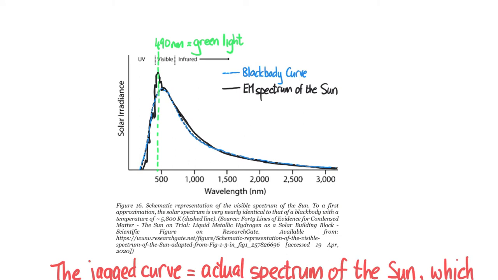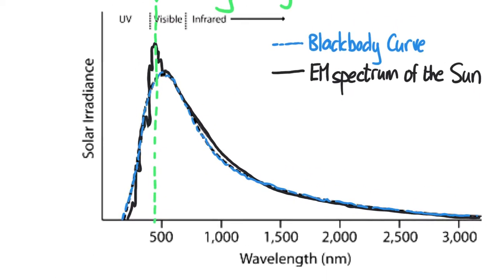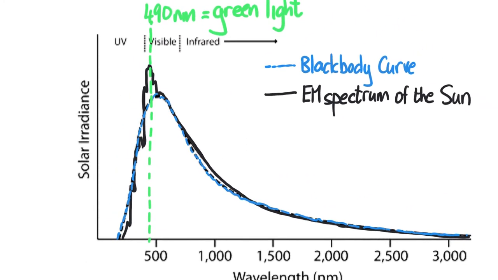So here we have the actual spectral curve of the Sun, and it is the jagged curve. So the solid curve is the electromagnetic spectrum of the Sun. And then what we have is the associated best fit black body curve, which is the dotted blue.